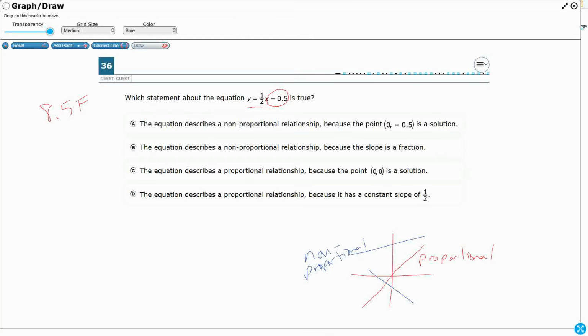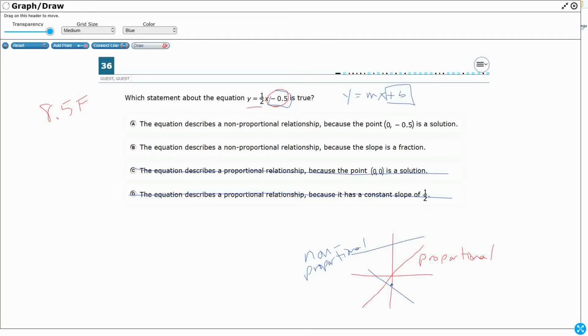So knowing that this is in slope-intercept form, this is y equals mx plus b. The fact that we have a plus b, in this case negative 0.5, means it's going to come down here. That means it is non-proportional. So we can do that without even graphing anything. We should be able to recognize if there is a y-intercept that's not 0, right?